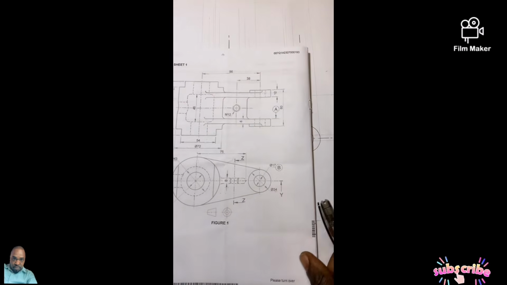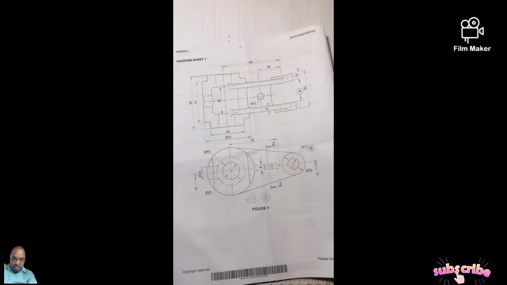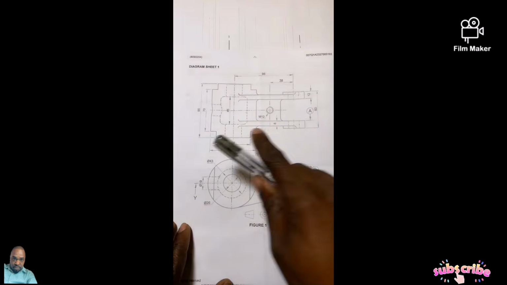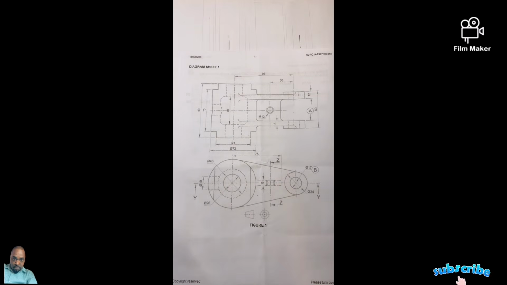So which means when I'm drawing the front view, I have to be a little bit faster than the time when I was drawing the top view. You understand? Because any dimension that is behaving horizontal, I am not going to draw it.